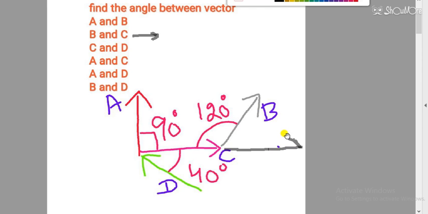Now the tail of C is joined with the tail of B. So this complete angle is 180, this angle is 120, so the angle between vector B and C will be 180 minus 120. This is vector C. So the angle between vector C and vector B is 60 degree.